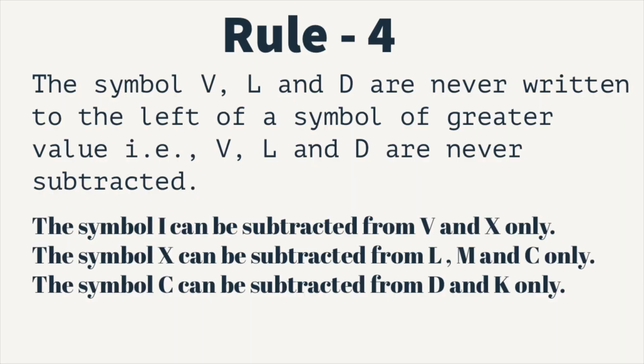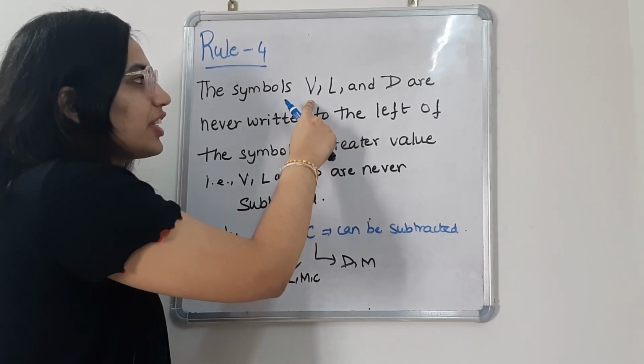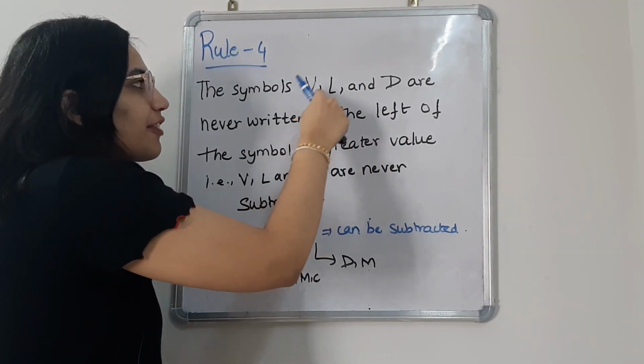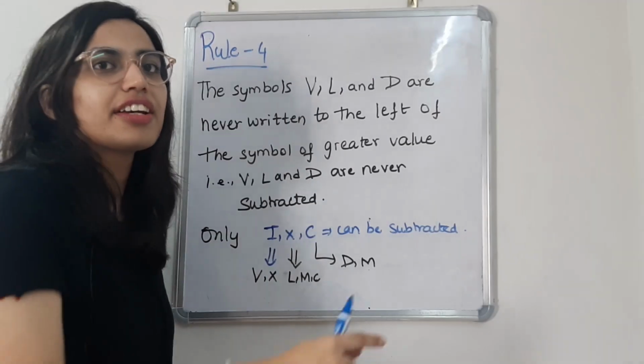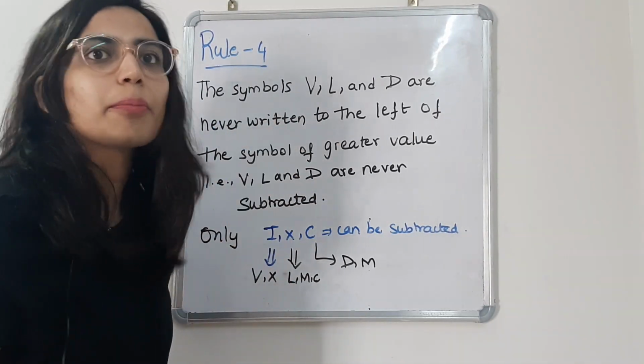Fourth rule says that the symbols V, L and D, that is 5, 50 and 500, are never written to the left of the symbol of a greater value. Okay, that means we cannot subtract V, L, D, that is 5, 50 and 500, from any other number.